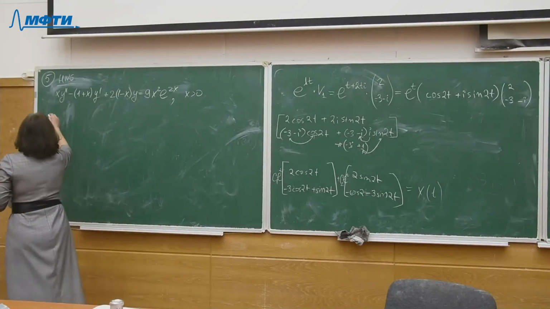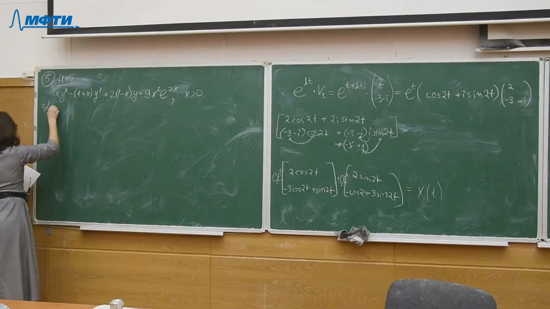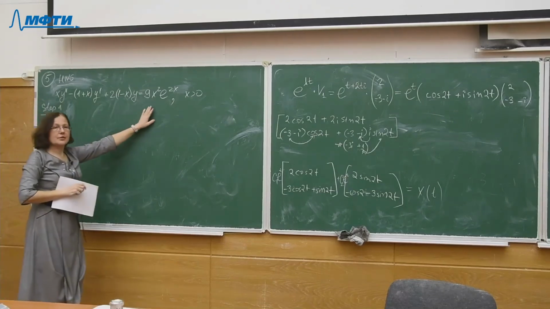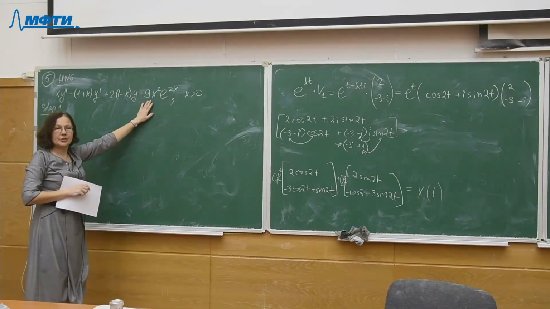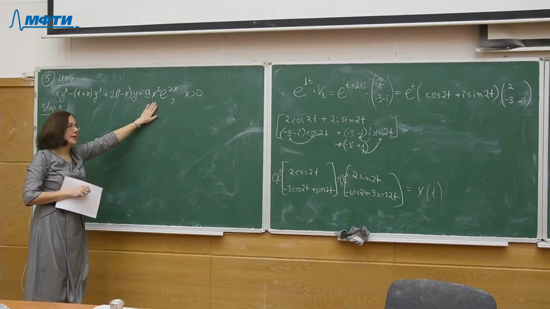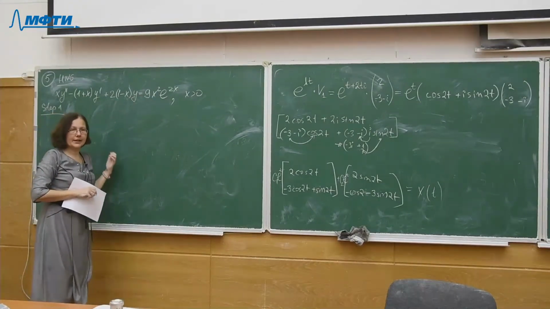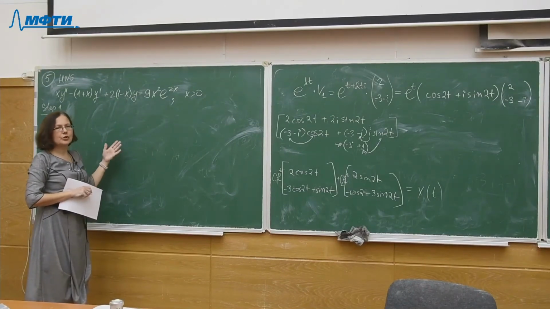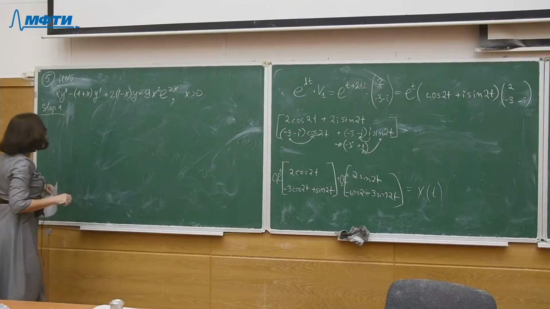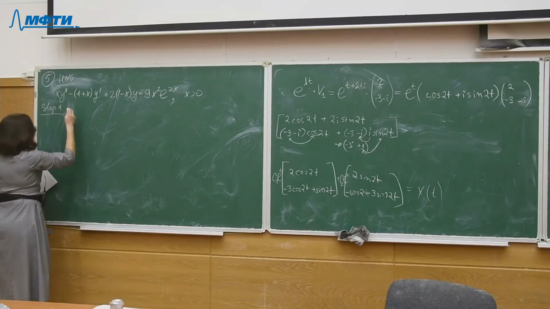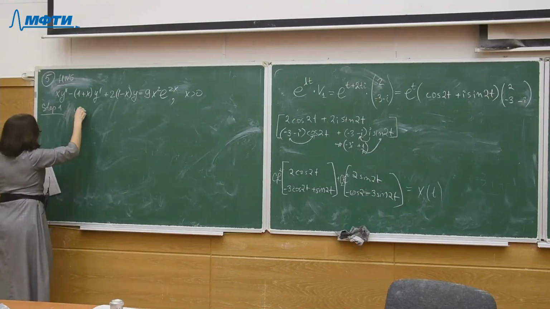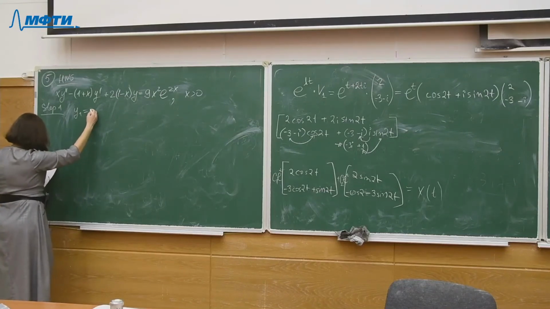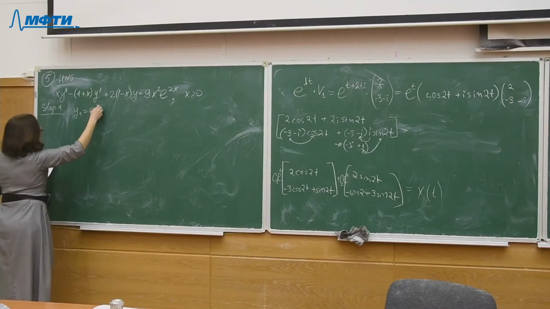Step number 1 was to solve the associated homogeneous differential equation with 0 on the right hand side. Liouville's formula was used to solve it, but it was too complicated, and the plan was to guess one independent solution in the form e to 2x.